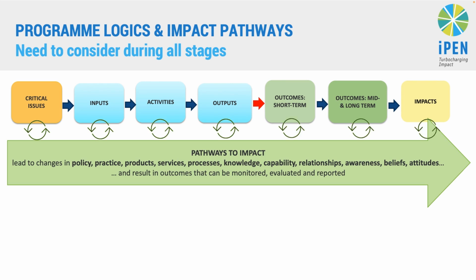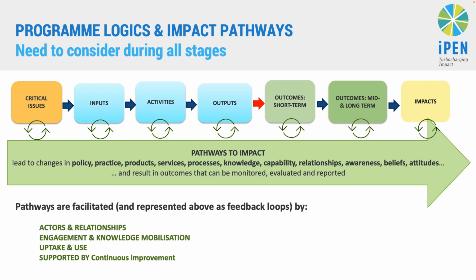Impact pathways are facilitated by a number of things, including different actors and the relationships that people have with them, how they're engaged and the way knowledge is mobilized by and with them, which then supports uptake and use of research. And strengthening this is also supported by continuous improvement.